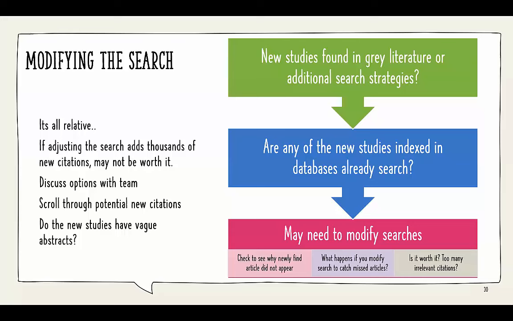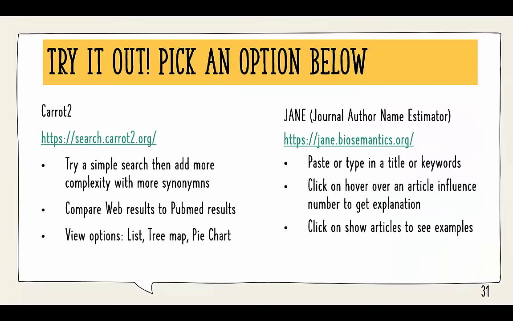So this is why I say it's all relative, whether or not you're going to modify the search. It's just something to think about when you see those new things come through. Does it make sense to then modify the search? Sometimes it does and sometimes it doesn't.